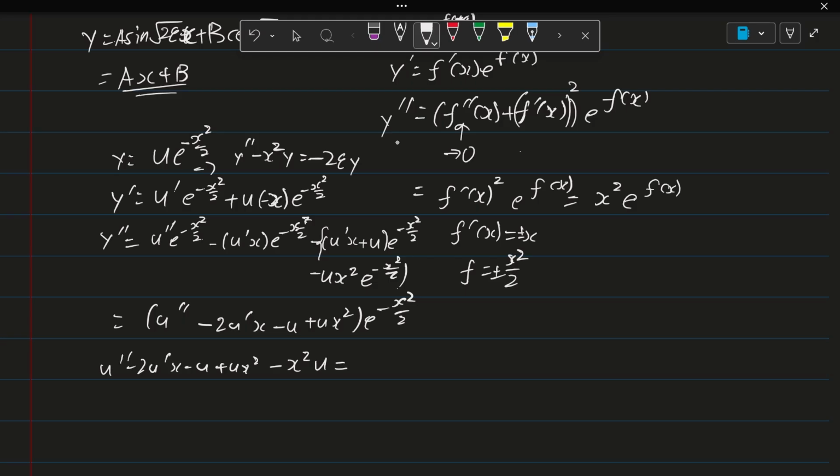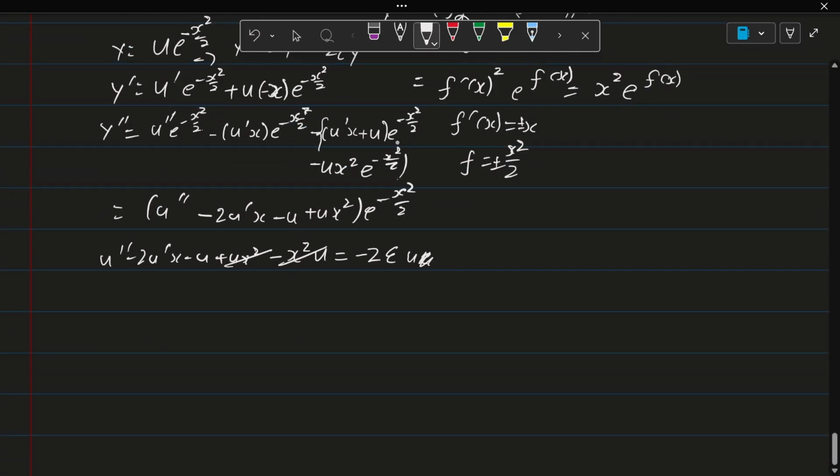And this would equal negative 2 epsilon of the u e to the power negative x squared over 2. And these two things cancel. So what you would get is a new equation, u double prime minus 2u prime of x plus 2 epsilon minus 1 of u equals 0. So now you could solve this new problem, in which this is another second order differential equation.